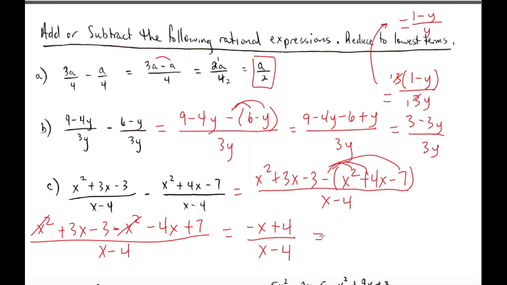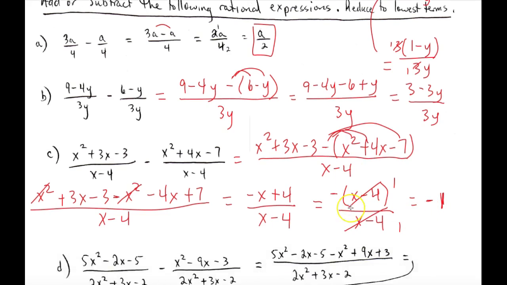And so from there, we note that -x plus 4 is the opposite of x minus 4, so if we factor out a -1 out of the numerator, you see that we'll just have -1 times x minus 4 over x minus 4, and of course these reduce to 1, so our answer just ends up being -1 as the final result.